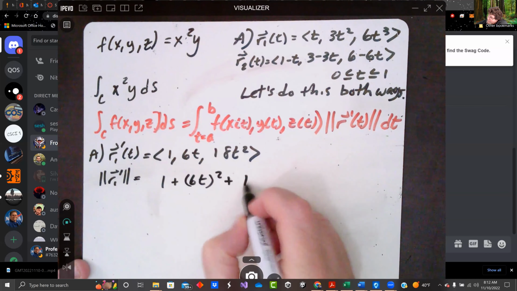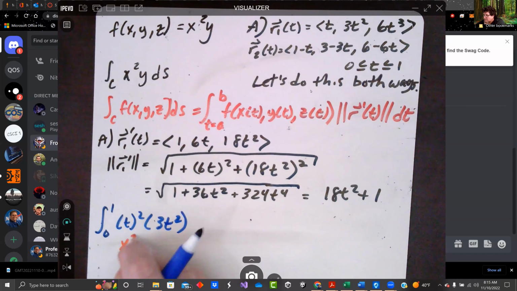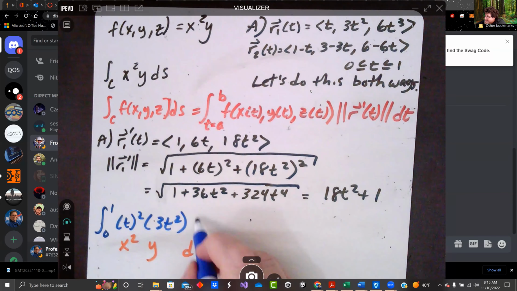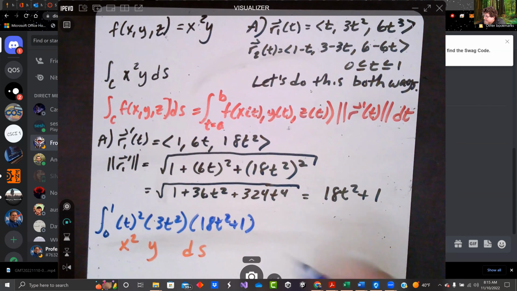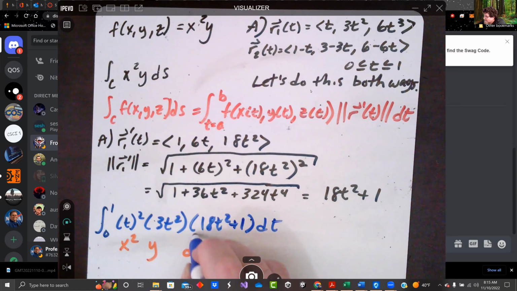So I've got T squared and then 3T squared. That's my X squared Y. And then my DS is going to become 18T squared plus 1 dt. That's the DS.